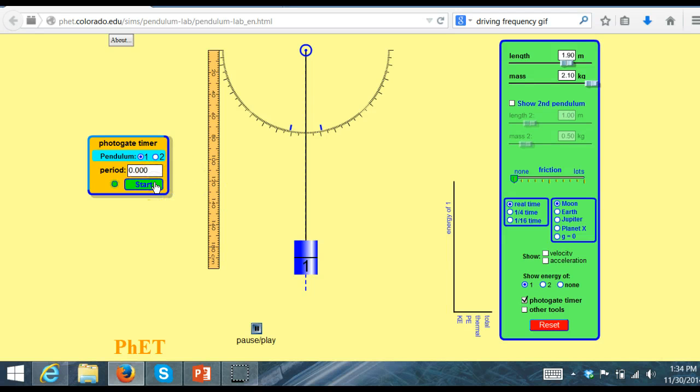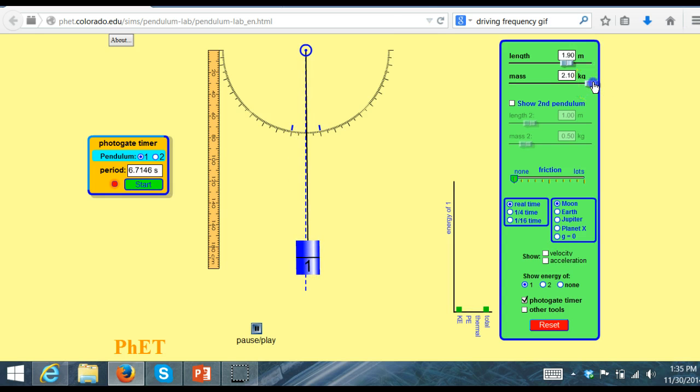And I'm going to go ahead and pull my pendulum back, give it a little bit of an amplitude. And I'm going to start my pendulum timer here, and it's going to measure the time it takes to do 1 revolution, all the way back, and this pendulum has a period of 6.71 seconds.